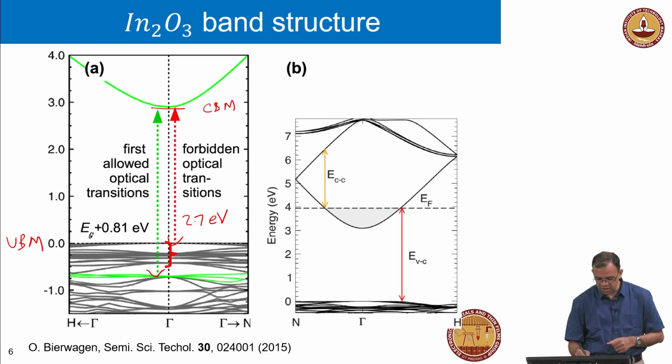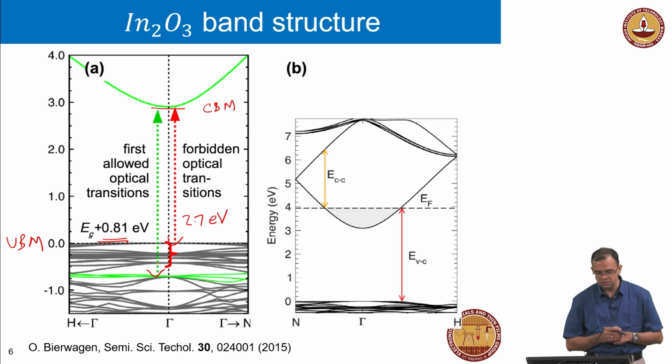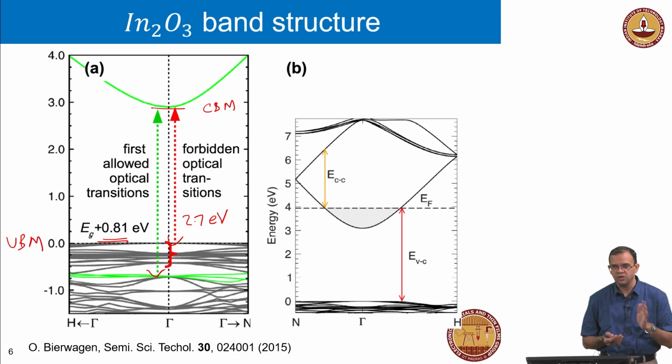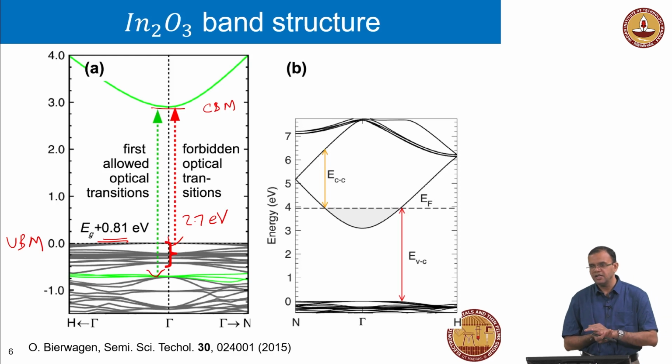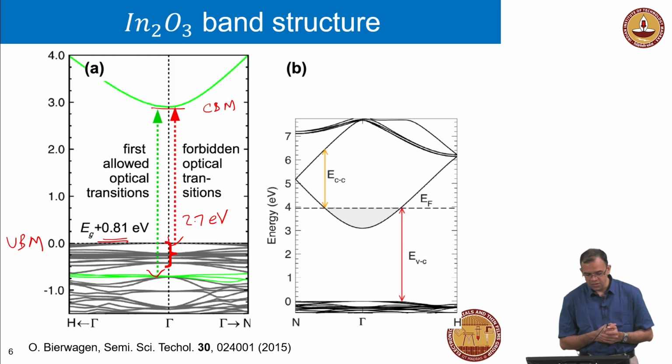So this energy gap is around 0.8 eV, I think that's what's written here, which means for indium oxide to absorb light and for electrons to go from valence to the conduction band, you need to supply 2.7 plus approximately 0.8. That gives it a larger band gap, which is why it is transparent to visible light.